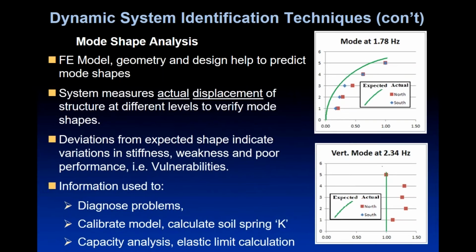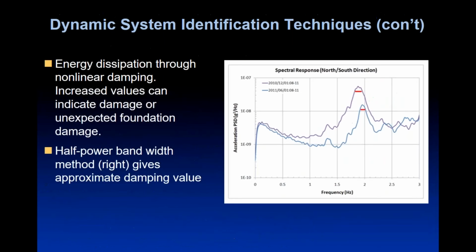If that were the case, this green line is what we would measure at every single level in that structure. And look what's happening. There is more motion at some places than at others. What that means is that, and in fact this is at the north end of the building, we've got the building concertinaing. The columns are not sufficient for the loads that they're asked to take there.